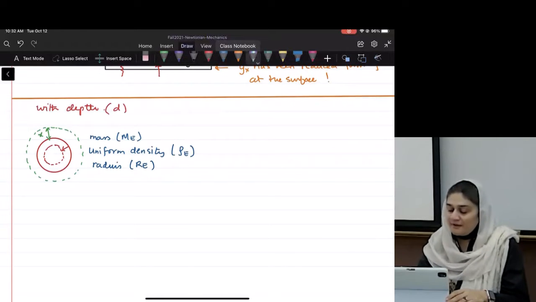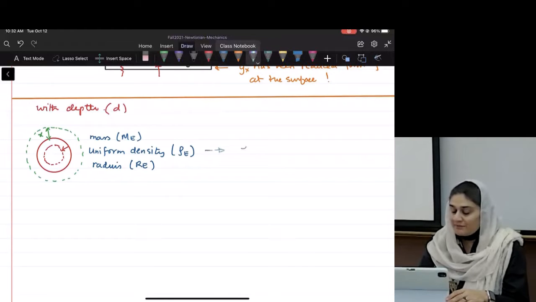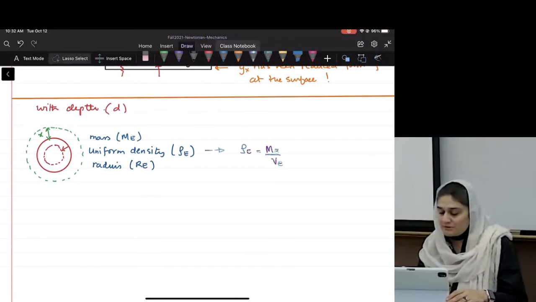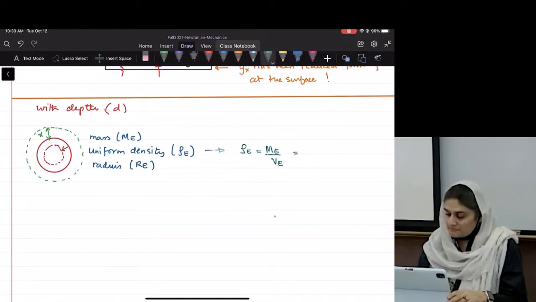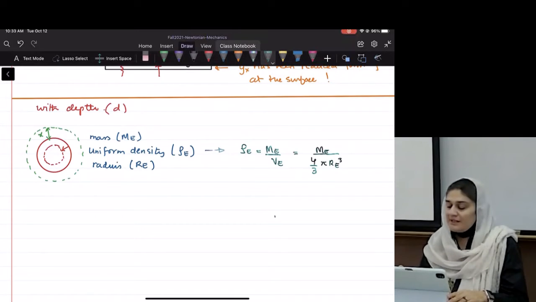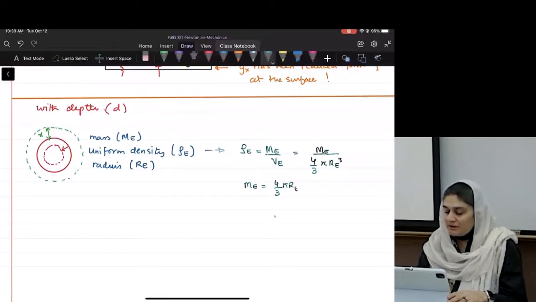So with this very bold assumption, may I write rho of E as mass of E over V of E? That doesn't look good. So what's the volume of a sphere? 4/3 pi r cubed. Thank you. So can I then write the mass of the earth as 4/3 pi RE cubed rho of E?